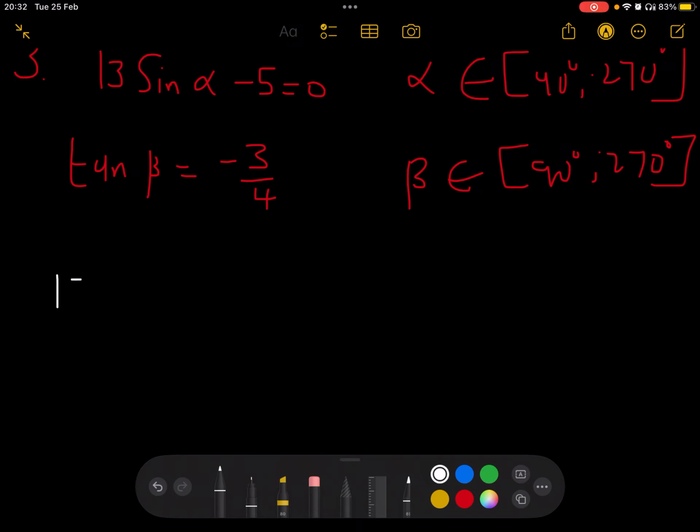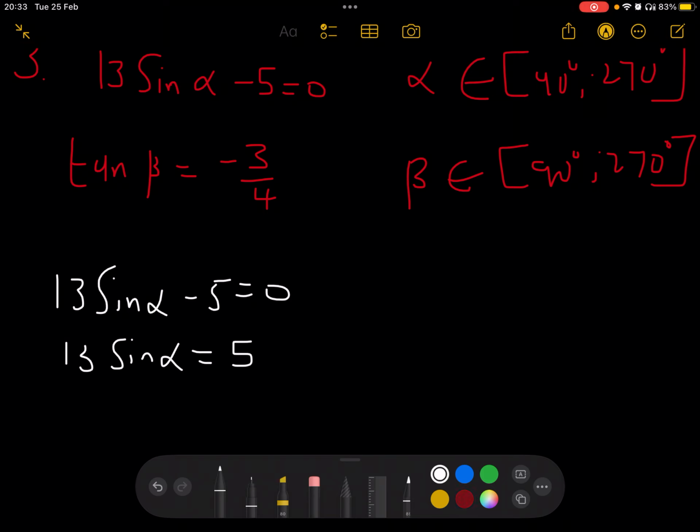Alright, we have 13 sine alpha minus 5 is equal to 0. This becomes 13 sine alpha is equal to positive 5, because the 5 goes across the equal sign and becomes positive.